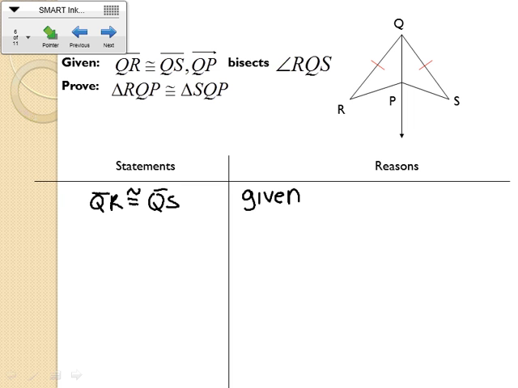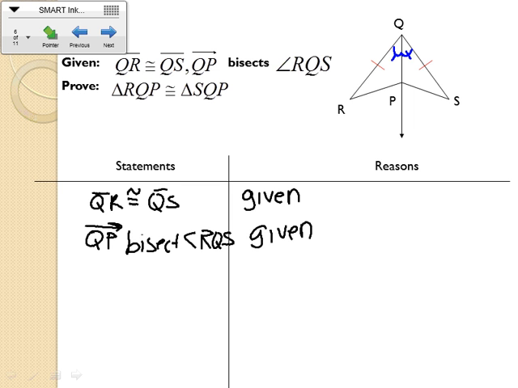All right, and we also know that QP is going to bisect angle RQS. So in the picture, we have a ray bisecting an angle. That information is given. What we know about angle bisectors is when something is bisected, it's cut into two equal parts. So we know that these two angles are going to be congruent to one another.